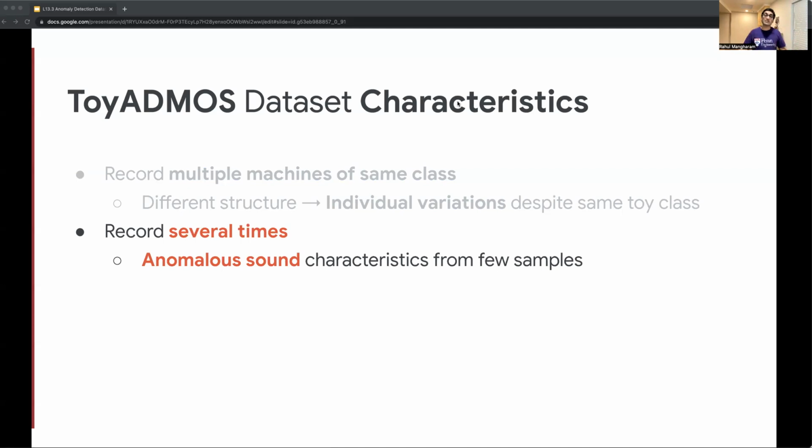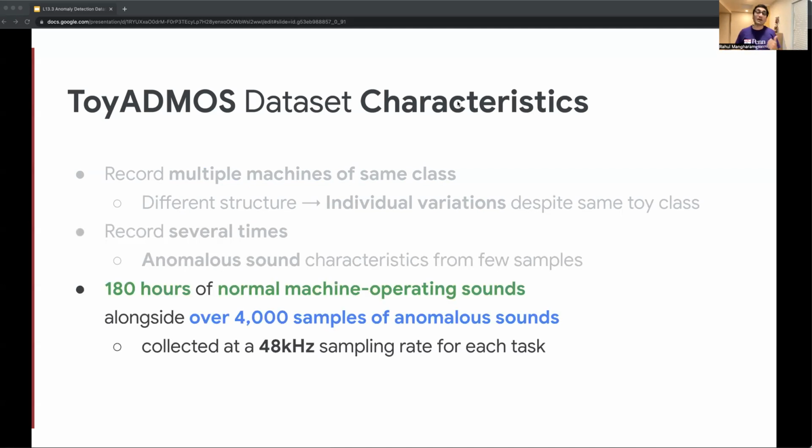So the anomalous sounds that you end up picking up tend to have diverse characteristics, which is a good thing. Ultimately, you have about 180 hours of normal machine operating sounds and thousands of samples of anomalous behavior, so it gives you a fairly diverse picture of what the entire dataset looks like.